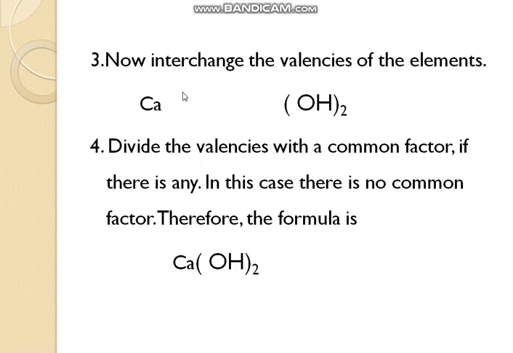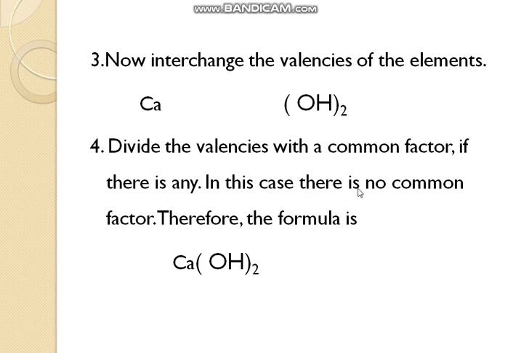Now interchange the valencies of the elements. Ca has +2, so that 2 goes to OH. Then divide the valencies by a common factor if there is any.